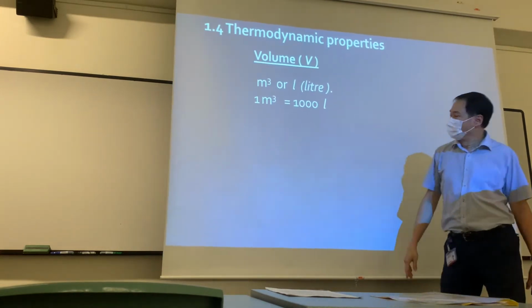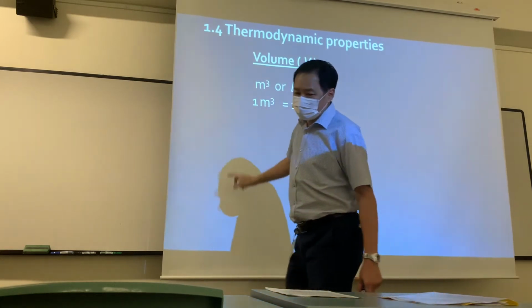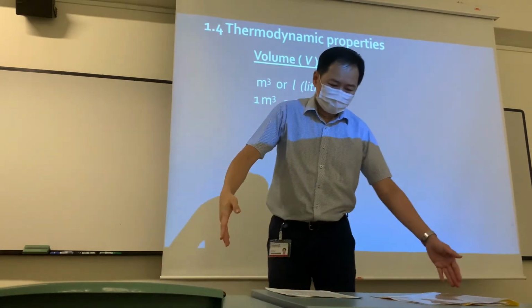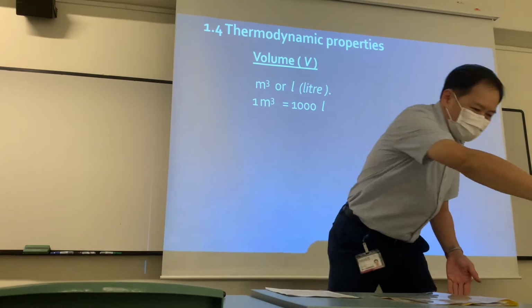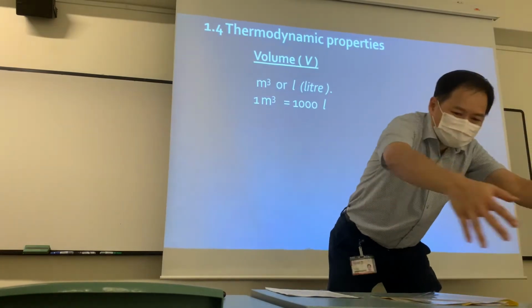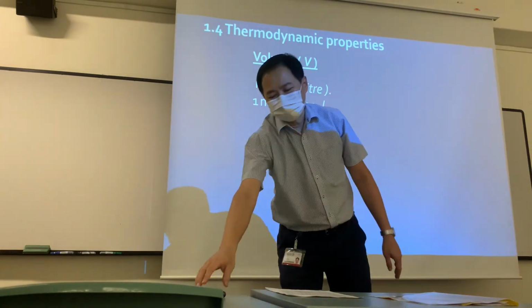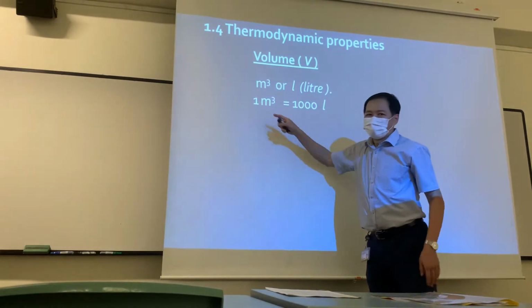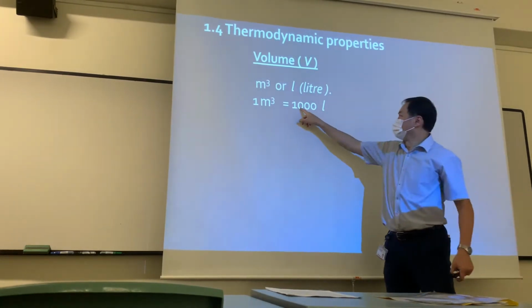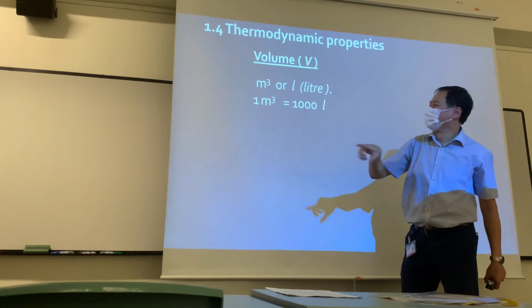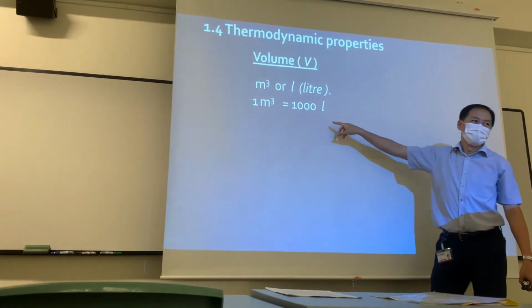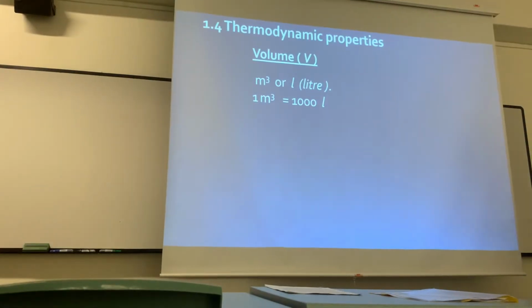So what does it mean? 1 meter cube is how big? Very easy. Just take 1 meter by 1 meter by 1 meter depth. That enclosure is exactly 1 meter cube, and you need to buy 1,000 liters of Coca-Cola to pour inside in order to fill it up. So that is 1 meter cube.